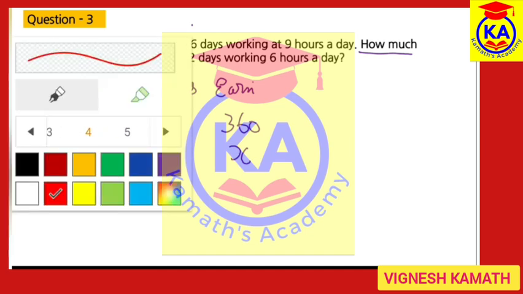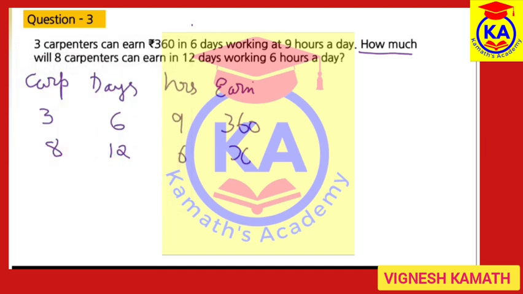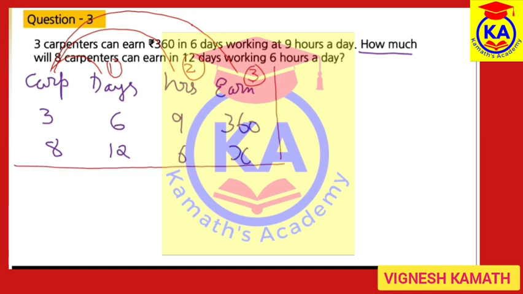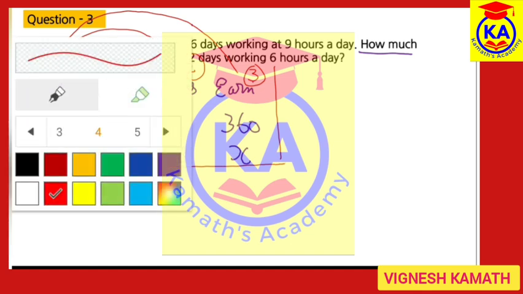So let's solve this. Even this is easy, same logic, nothing different. We'll compare carpenters and days first as case 1. Second, we'll compare carpenters and hours as case 2. In the third case, we'll compare carpenters and earnings as case 3. Total, you're going to get 3 cases here.